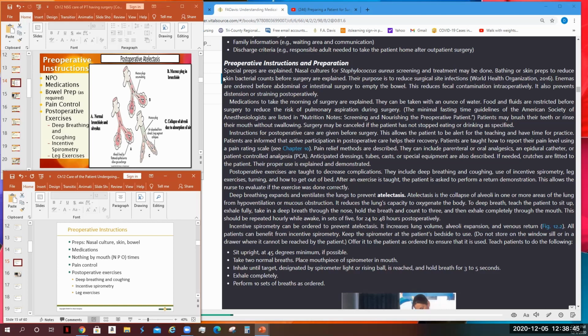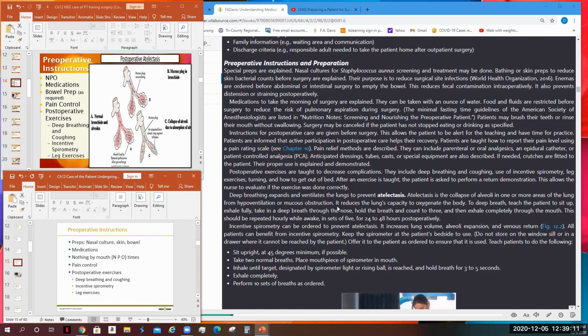Deep breathing expands and ventilates the lungs to prevent atelectasis. Atelectasis is the collapse of alveoli in one or more areas of the lung from hypoventilation or mucus obstruction. It reduces the lung's capacity to oxygenate the body.